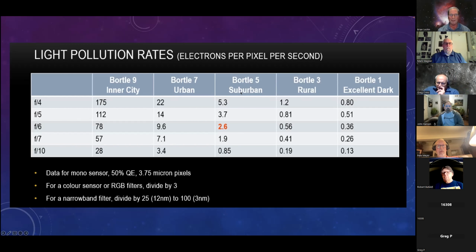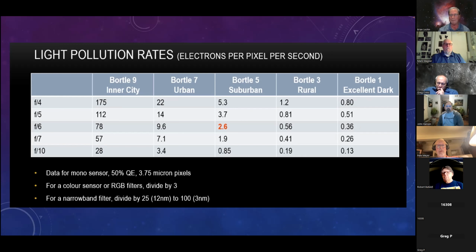In Bortle 5, you're going to get 2.6 electrons per pixel per second. Let's say you're in the inner city, you get pounded with 78 electrons per pixel per second. And you go out to the sweetest dark site in the world, and it's 0.36 electrons per pixel per second.